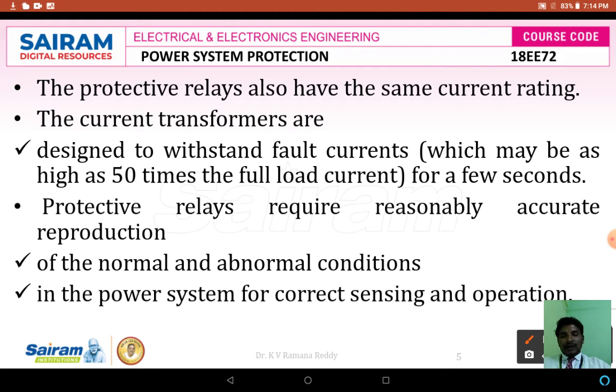Therefore, correct sensing and correct operation is required under normal operation and abnormal conditions. Under normal operation, generally the current transformer reads the current as either 5 ampere or 1 ampere at the secondary side. Under abnormal condition, it may read currents multiplied by 5 times in the secondary winding and 10 times at the primary side.